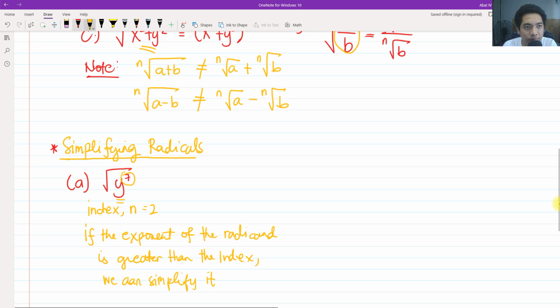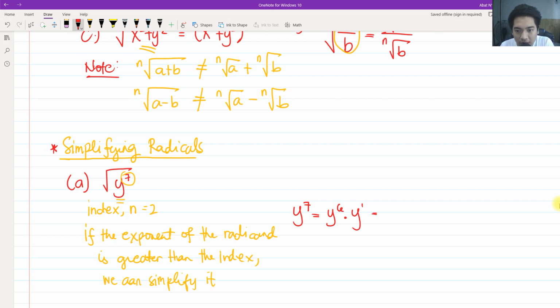Okay, so we can rewrite y raised to 7 as y raised to 6 multiplied by y. By laws of exponent, if we multiply y raised to 6 times y raised to 1, or simply y, that's equal to y raised to 7. We add up the exponents.